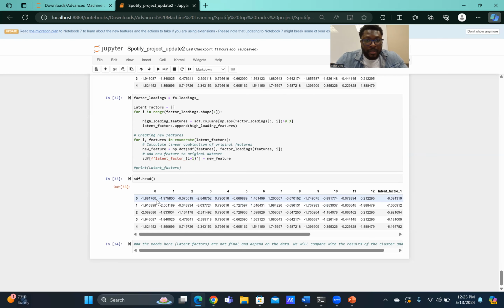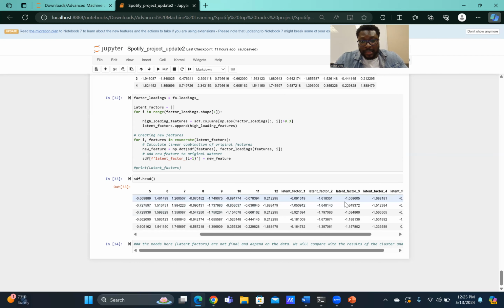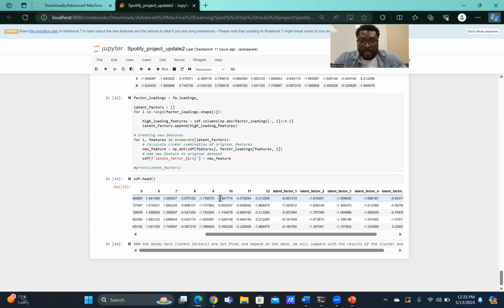Remember when I talked about the scores representing each particular point in the new feature space, relative to the data set and relative to the new engineered feature. Each of these represents the scores.